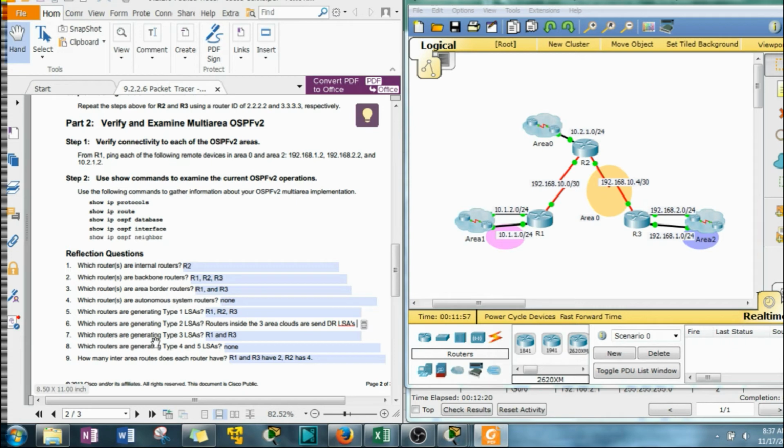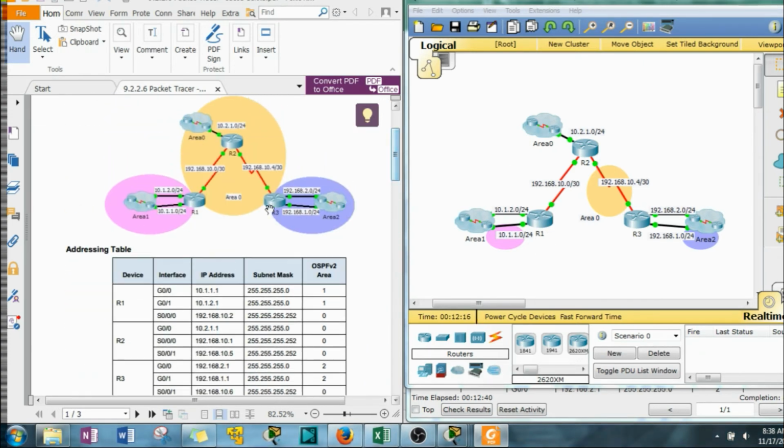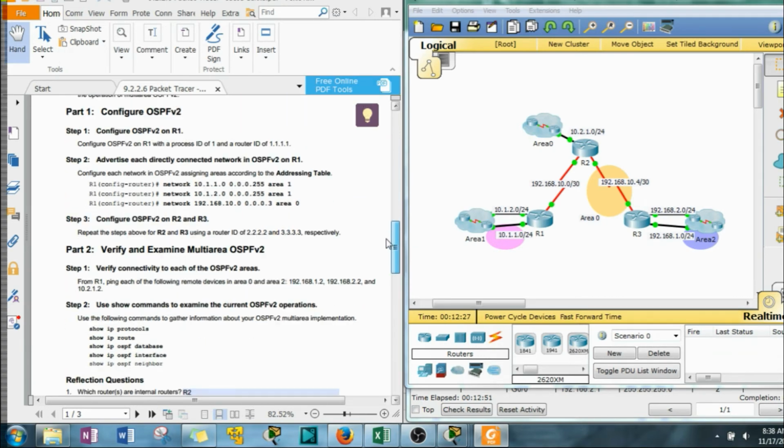Let's see, what routers are generating type 3 LSAs? Now, those are routers that have interfaces in two separate areas, and then are going to share those to other routers inside other areas. So, for instance, R1 has its interfaces in two separate areas, so it's going to share those link state 3 advertisements over to R3 and R2 about other areas.